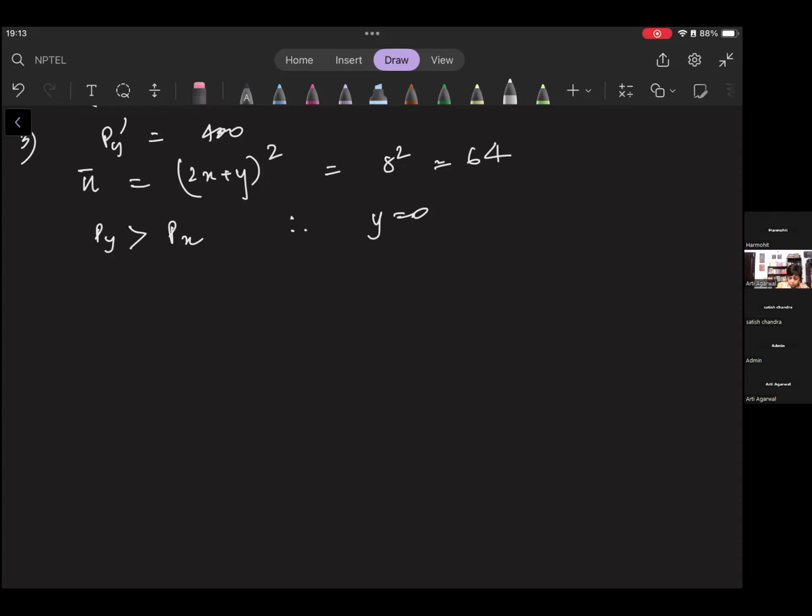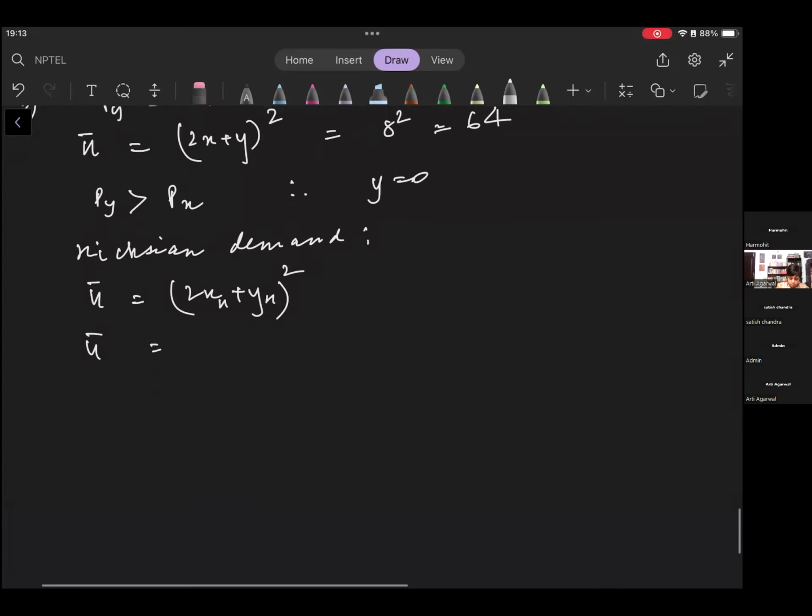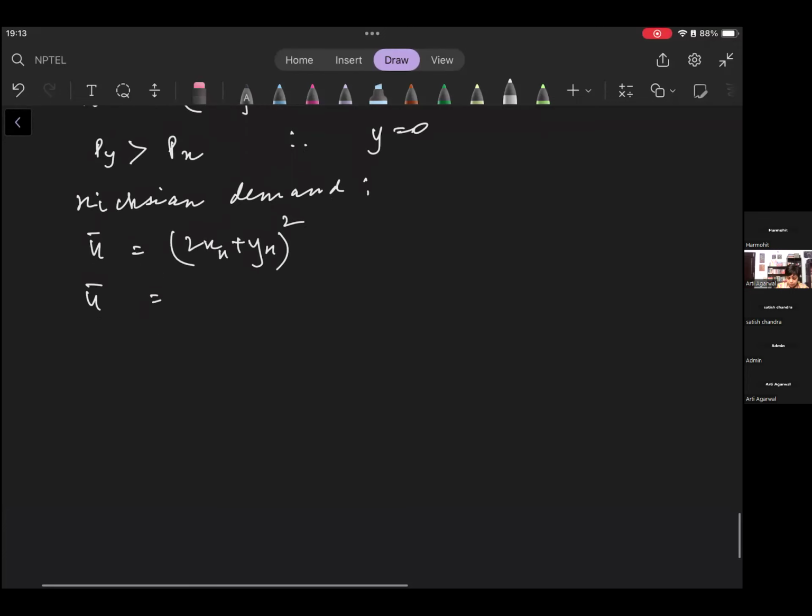So if you want to calculate the new Hicksian demand, holding utility constant, we calculate the new value. Let's call it x prime, y prime, or instead of prime, we can just use the subscript h. So x is the only value. Now y becomes 0.